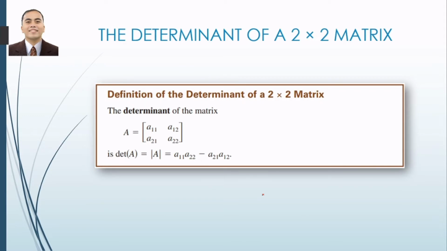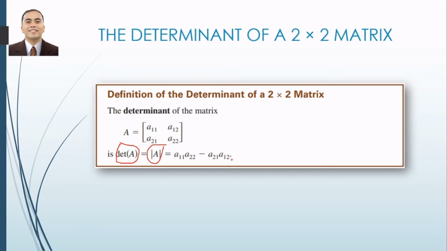Okay, so the definition of the determinant of a 2 by 2 matrix. The determinant of a matrix A is denoted by det A, or the absolute value bars around A, and is equal to A sub 1 1 A sub 2 2 minus A sub 2 1 A sub 1 2.